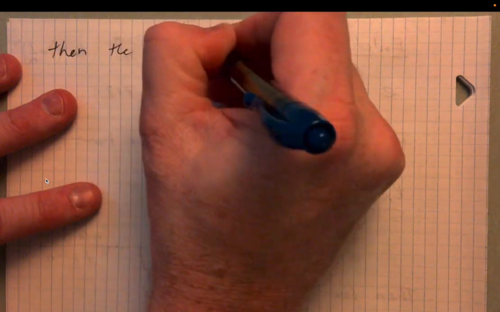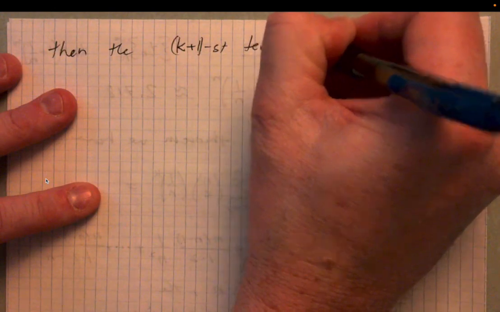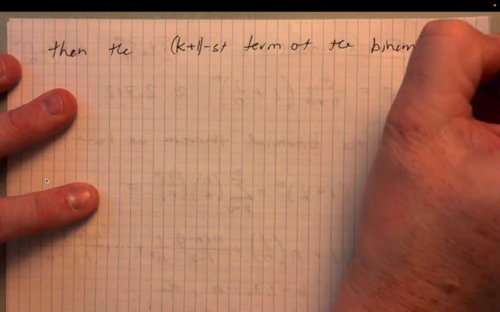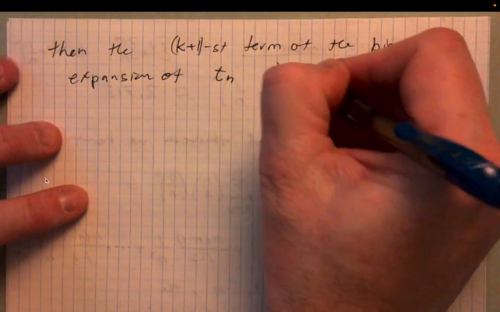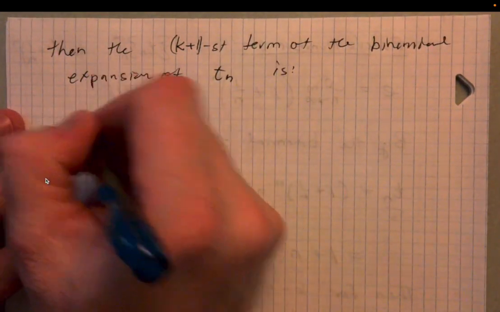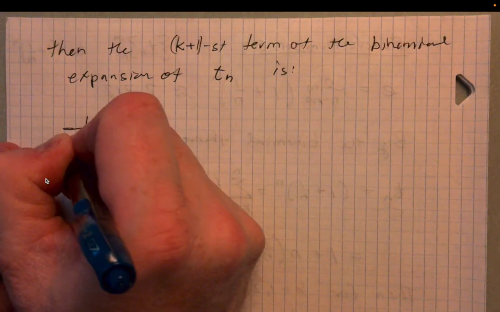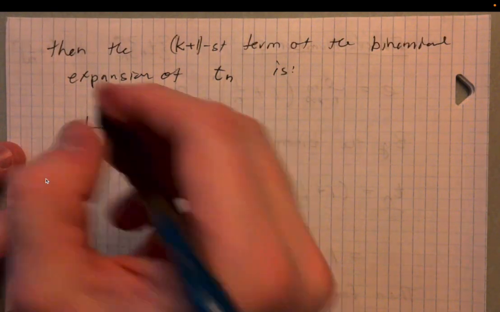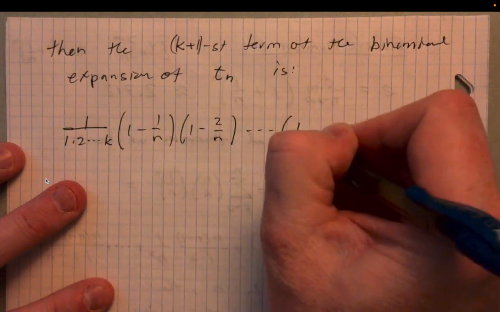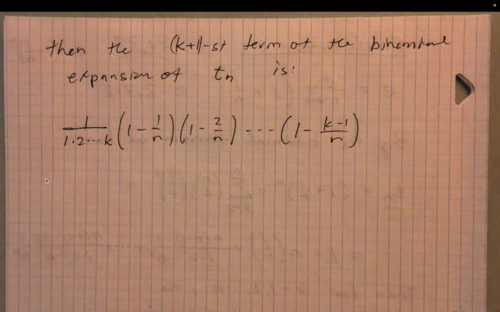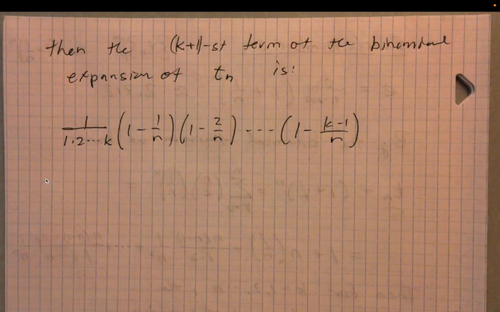Well, what I've shown is that the k plus first term of the binomial expansion of t sub n is equal to this thing here, 1 divided by k factorial, and then it's 1 minus 1 over n, and it's 1 minus 2 over n, dot, dot, dot, 1 minus k minus 1 over n. Okay?